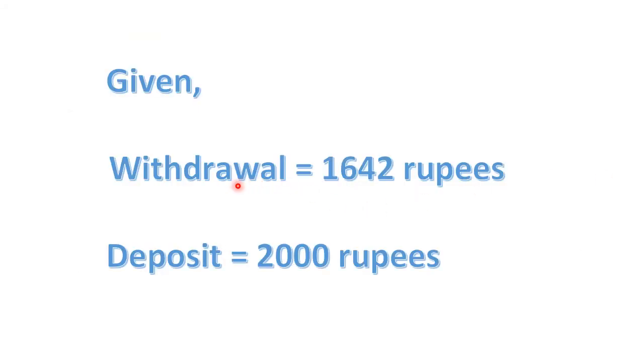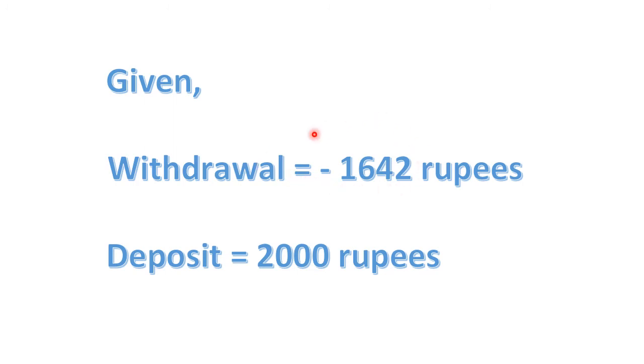So withdrawal is 1,642 rupees and deposit was 2,000 rupees, right? Withdrawal is minus 1,642 rupees. Why? Because withdrawal is represented by a negative integer, as given in the question. And we have also seen that withdrawal and deposit are opposite to each other.